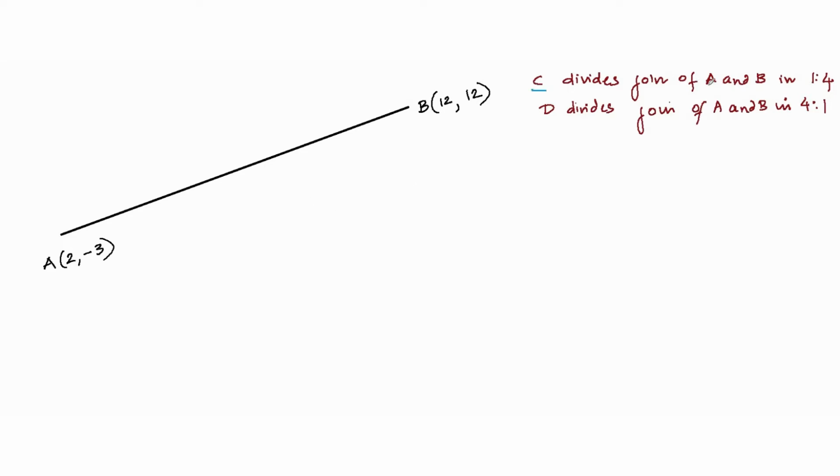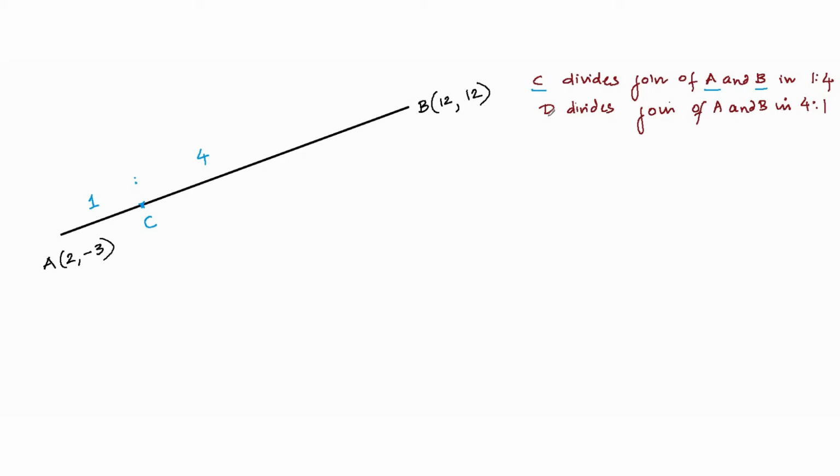So C divides the join of A and B in the ratio 1:4. That means the distance between C and A is to the distance between C and B in the ratio 1:4. So the point is closer to A as compared to B because the ratio is 1:4. So this is the point C. And on the other hand, D divides the join of A and B in the ratio 4:1.